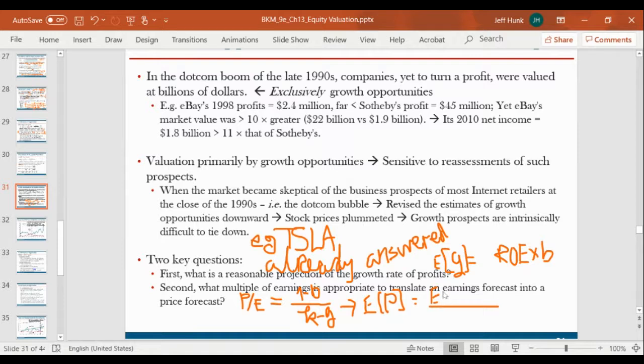Expected earnings per share, EPS at time t plus 1, next period, times 1 minus plowback ratio over k minus g.